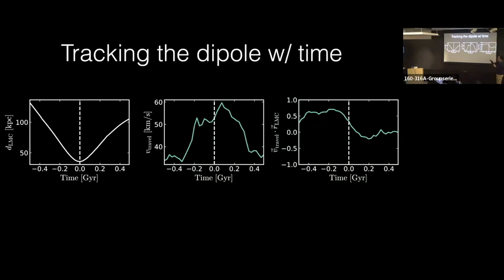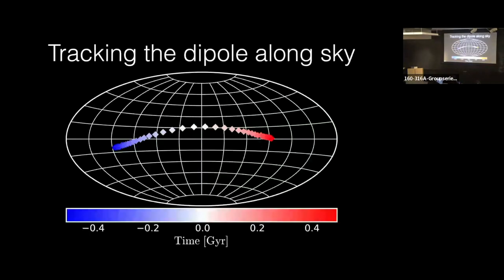But once the dipole signal increases, the direction of the dipole motion starts tracking behind the LMC by 90 degrees. That's about what you'd expect for a very simple two-body interaction from the perspective of the Milky Way, which is where we're doing all these calculations. So all this is honestly really good news.